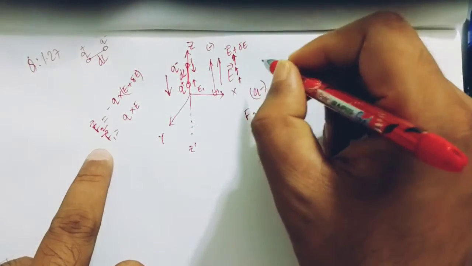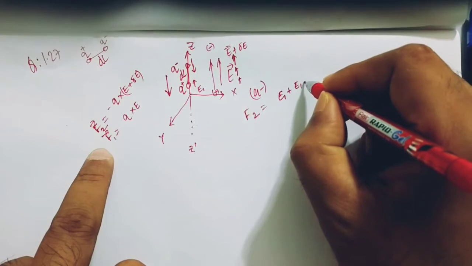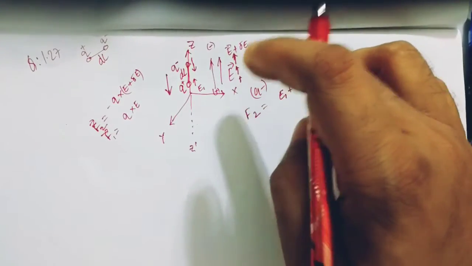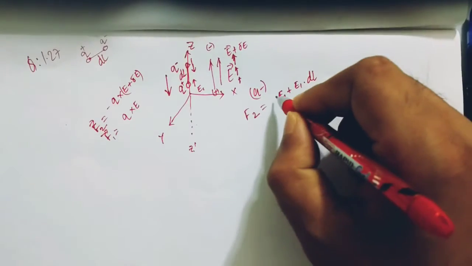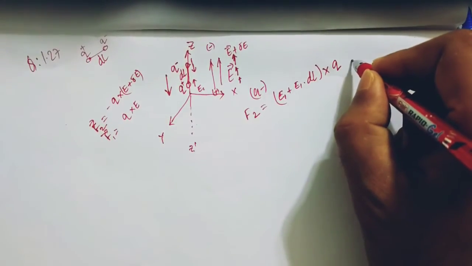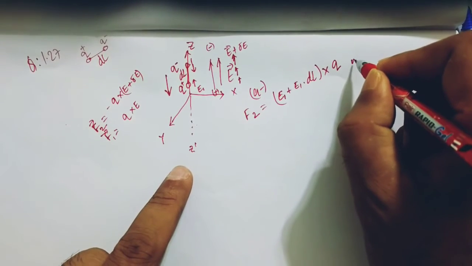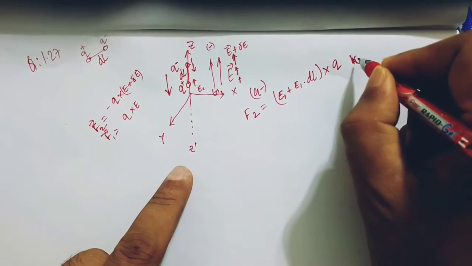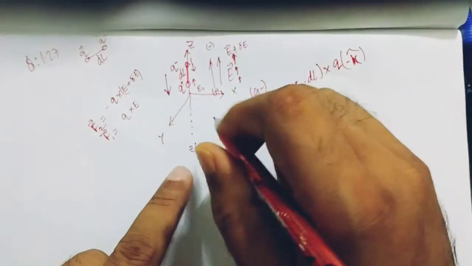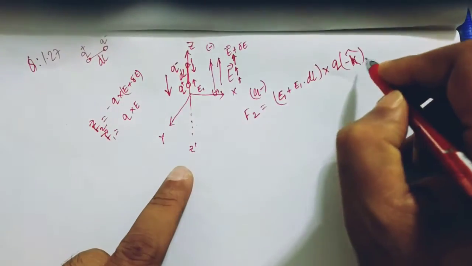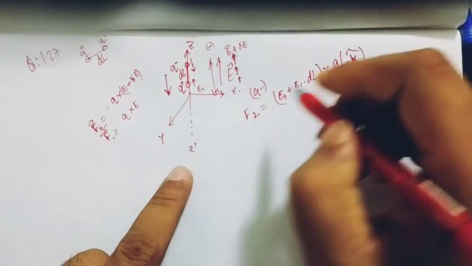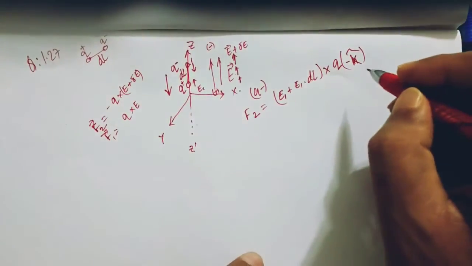This is an increasing field, so this is E and dl, because per meter the field effect keeps increasing. So this one into the charge q, and the direction will be negative, that is, negative k cap. We know i cap, j cap, and this is k cap, the z direction, as we know earlier.